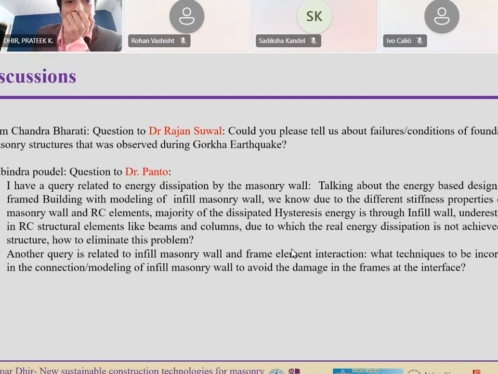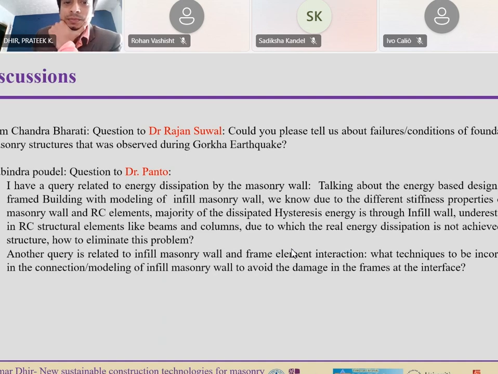Another thing, we have seen certain buildings near Bhaktapur, in the northern part, where the soil property is very weak. We found a tilting condition of the masonry building, with a tilt of around 4 inches, that means 100 millimeters.